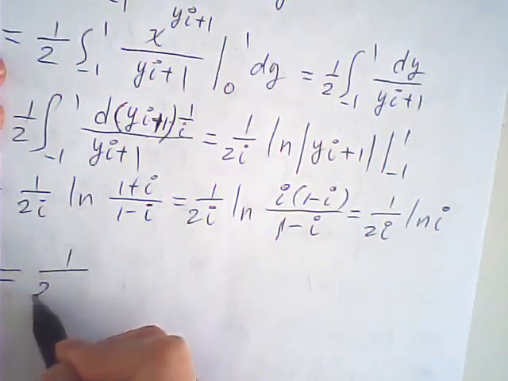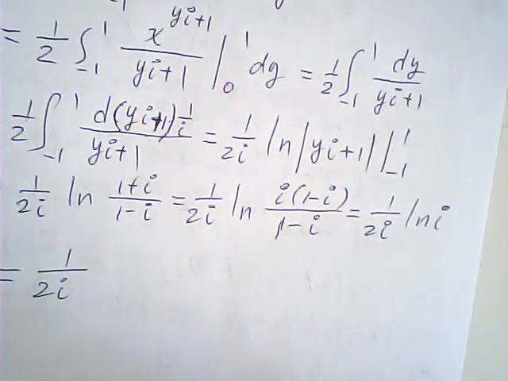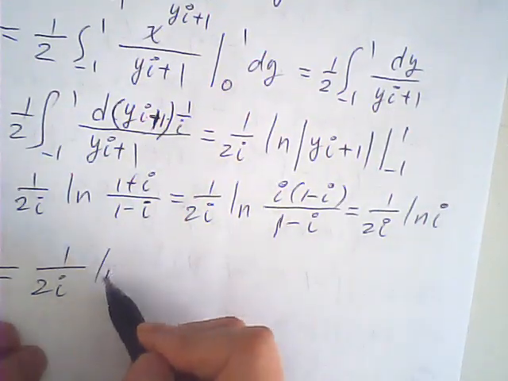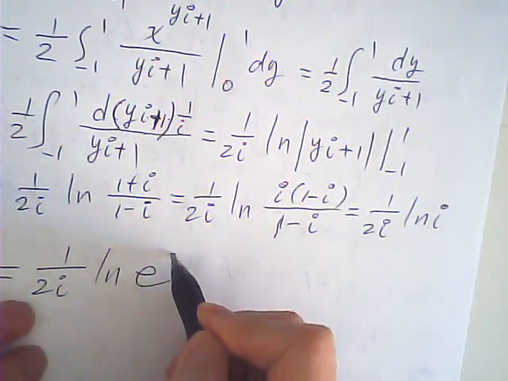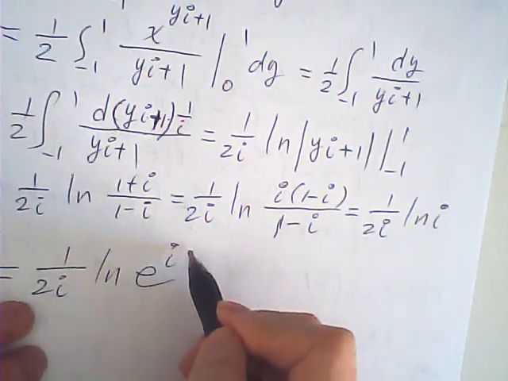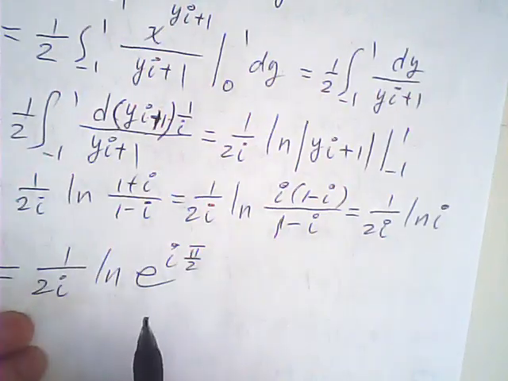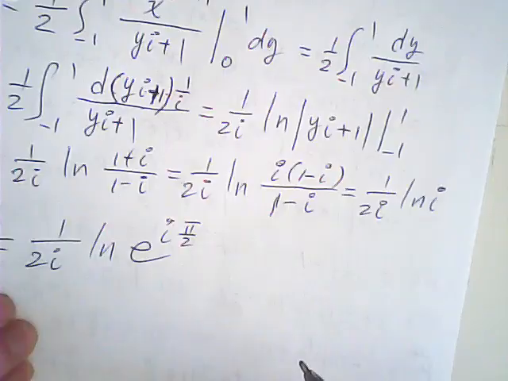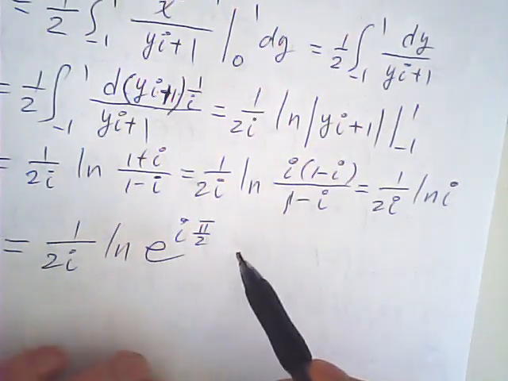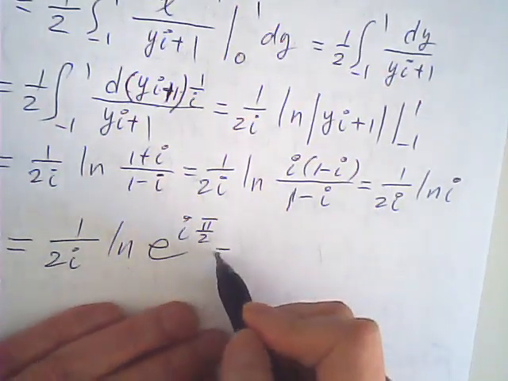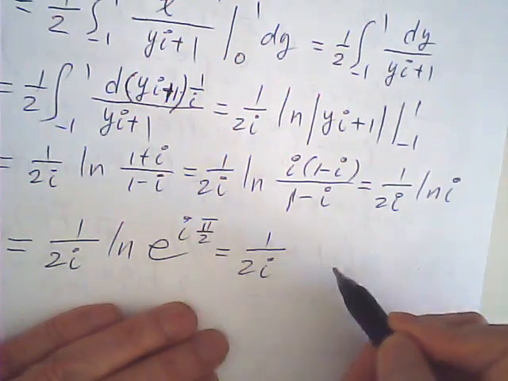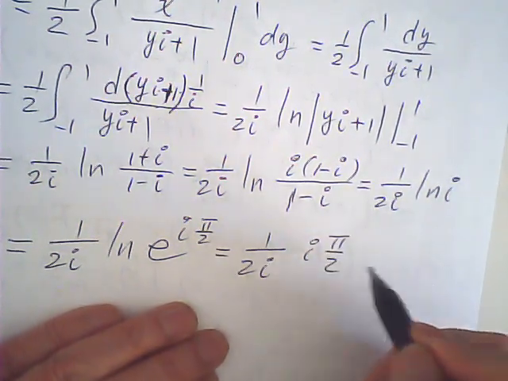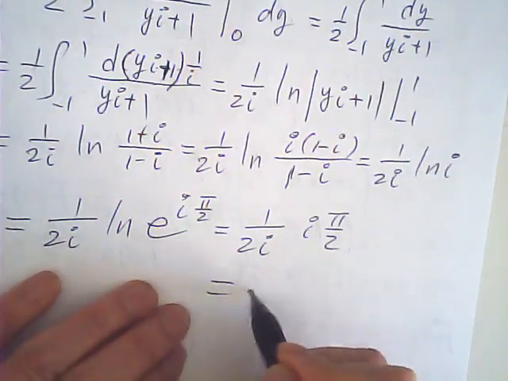Well, what's i? i is e to the i times half pi, right? The argument is half pi. So this gives half pi, and then divided by 2, that is a quarter pi.